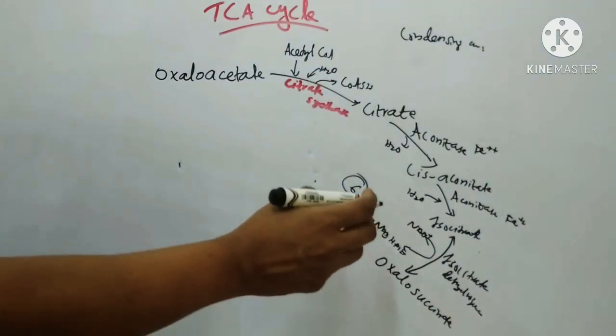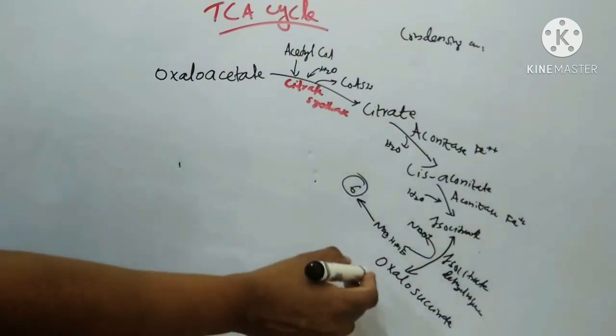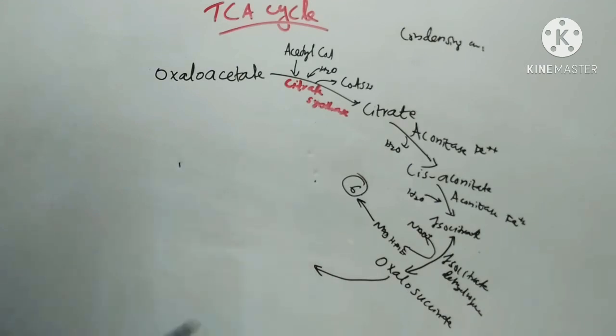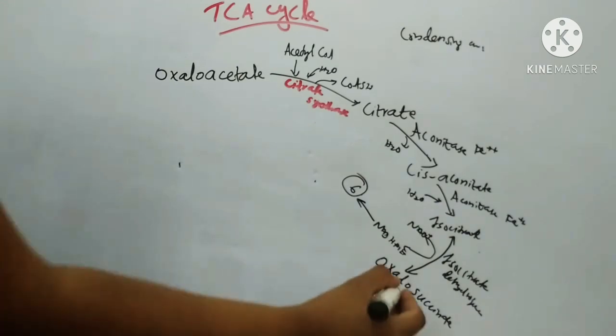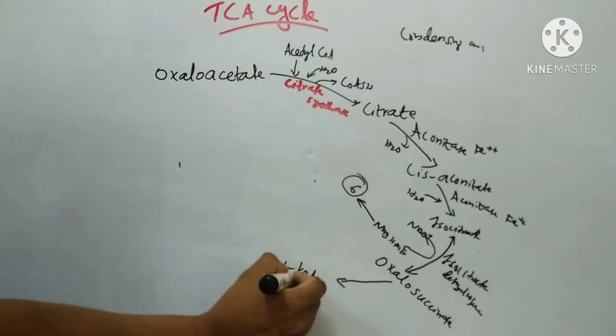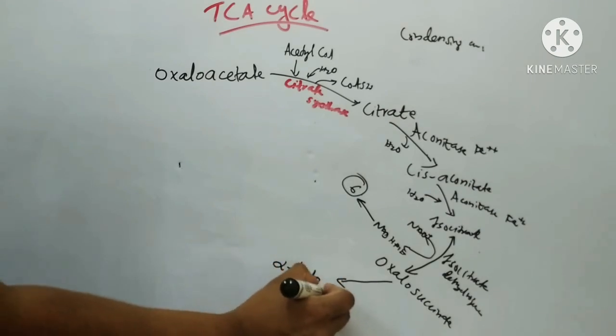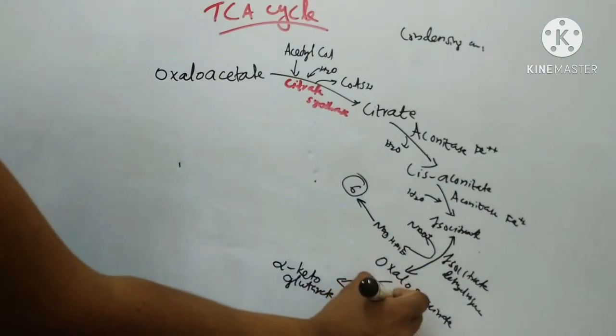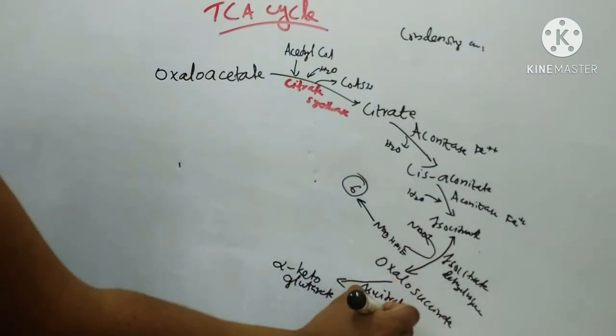Then from isocitrate to oxalosuccinate, and then oxalosuccinate to alpha ketoglutarate by the same enzyme isocitrate dehydrogenase.